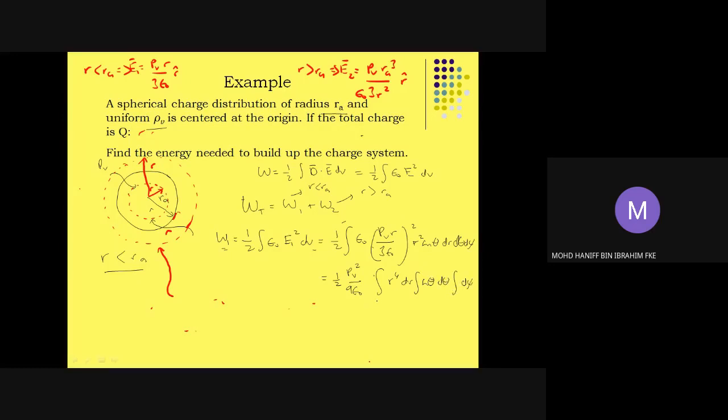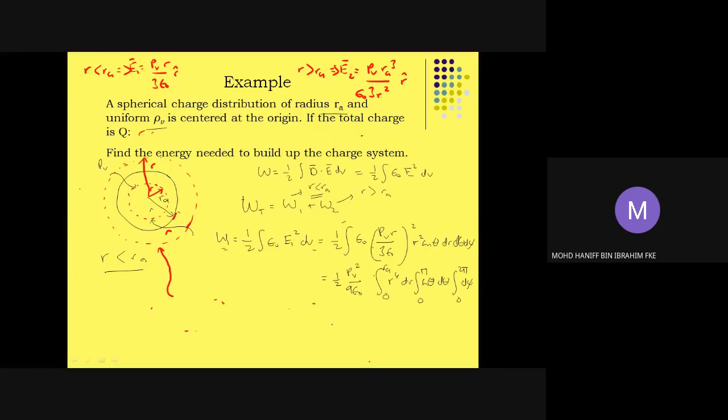We can now state the range for r, theta, and phi. Because we are considering the energy of the full sphere, phi will be from 0 to 2 pi, theta will be from 0 to pi, and the range of radius r, because our concern is the region of r less than RA, is from 0 to RA for W1.